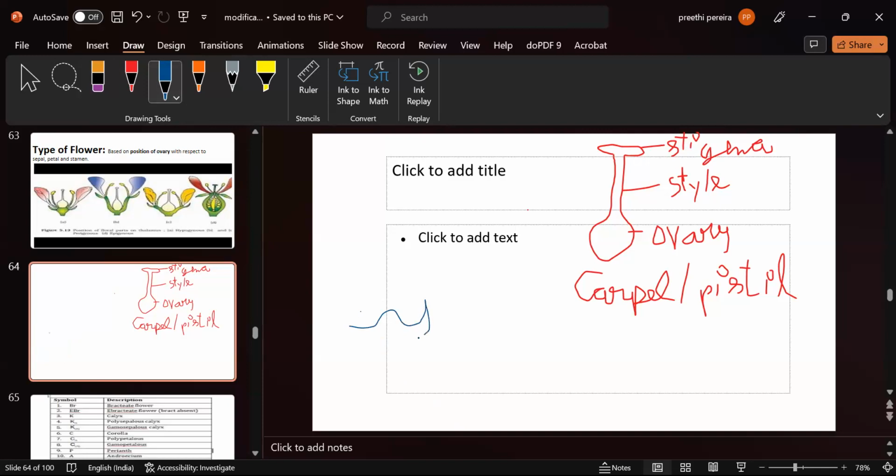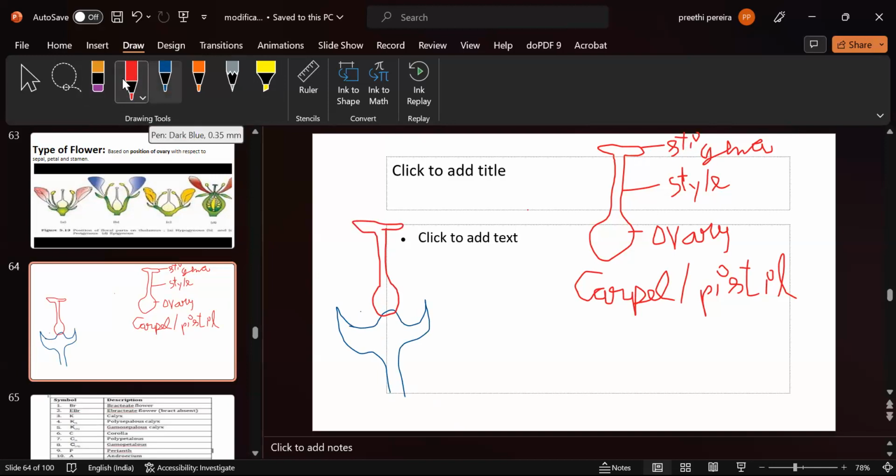This is the cup-shaped receptacle of the flower. And the carpel or pistil is situated over here. Now the other whorls. What are the other whorls? Sepals, petals, and androecium. Let's draw them.